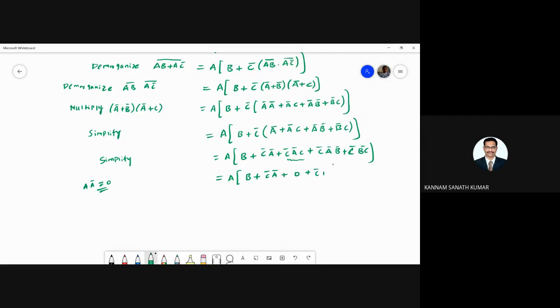Plus C̄ A bar B bar, and here also C̄ into C, so again A into A bar equals 0, so this is 0. Now what is remaining? You know A plus 0 equals the input itself, A. So we write in order: A plus B, A bar C̄ plus A bar B bar C̄.